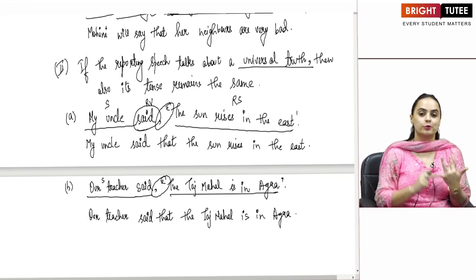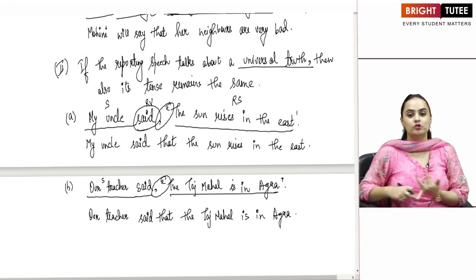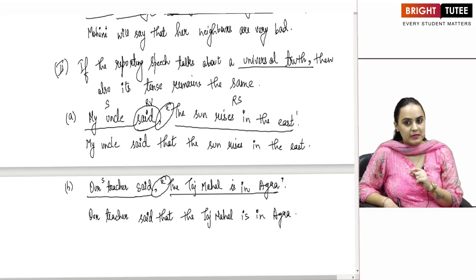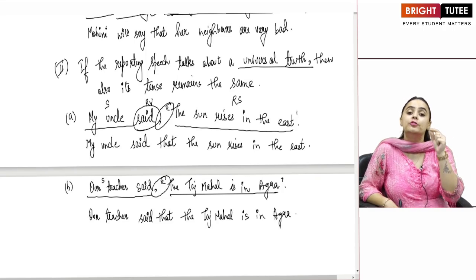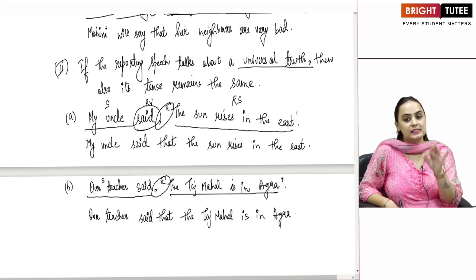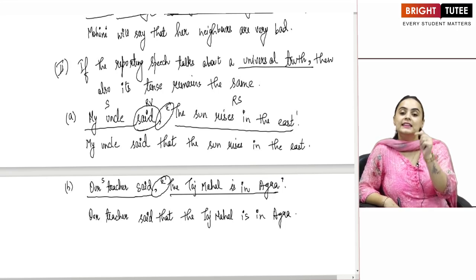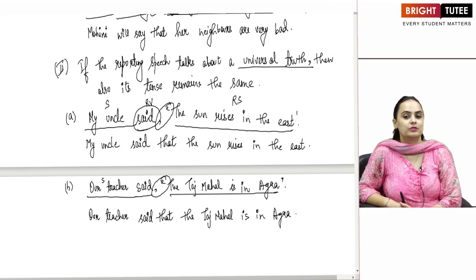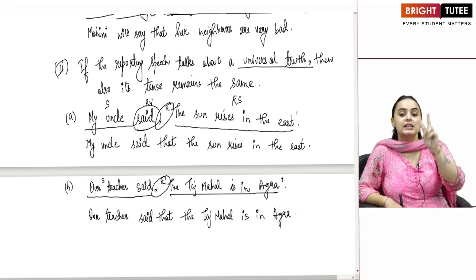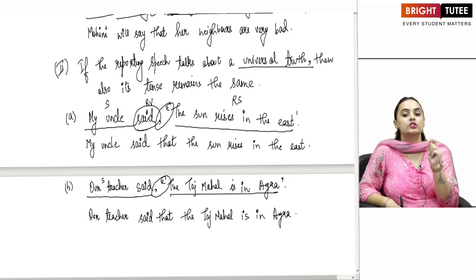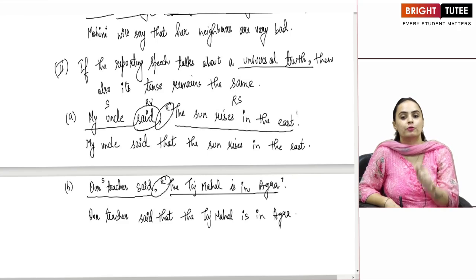Clear? So if my reporting speech is a universal truth, then its tense will remain the same. And if my reporting verb is in the simple present tense or the simple future tense, then also the tense of the reporting speech will remain the same. So these are the only two cases when we do not change the tense of the reporting speech.